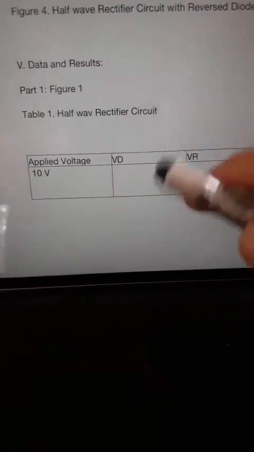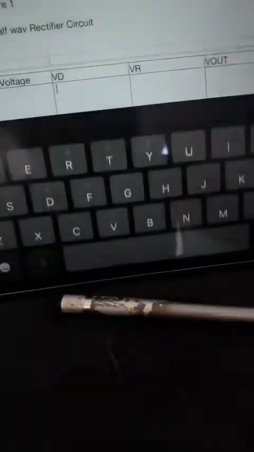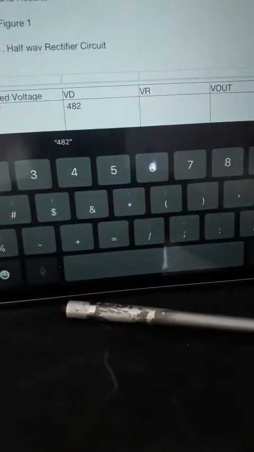Wait, no, I don't need this anymore. Oh, 482. And then for the voltage of our resistor, we're going to get that. Stop simulation.